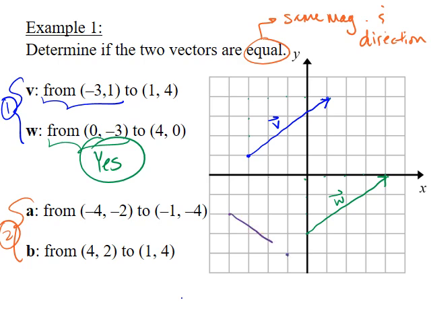So this is vector A. And then 4, 2 is here, to 2, 1, 4, which is here. I can tell right away that these are not equal because they head in different directions. So no, because wrong direction.